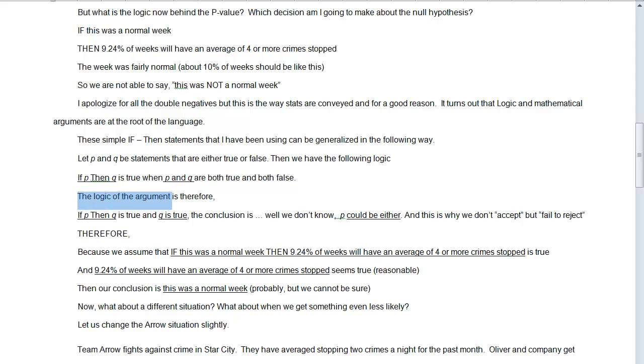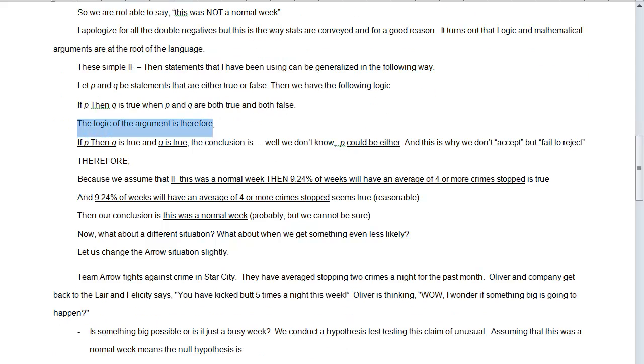And so the logic of the argument is therefore, if "if P then Q" is true and Q is true, the conclusion is, well, we don't actually know. P could be either true or false. Okay? And this is why we don't accept but fail to reject.